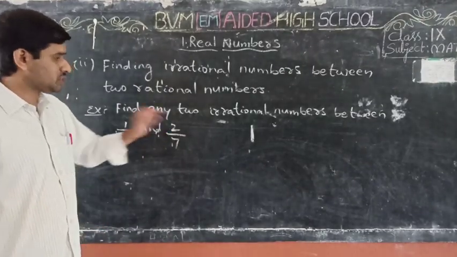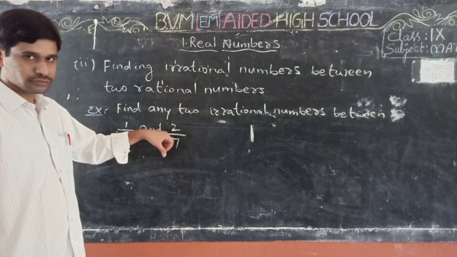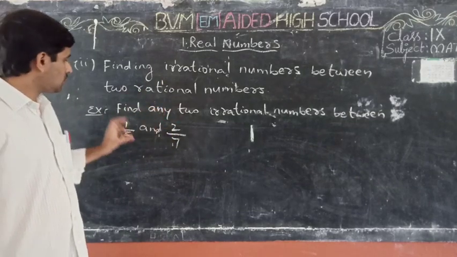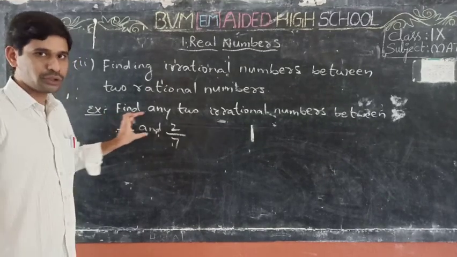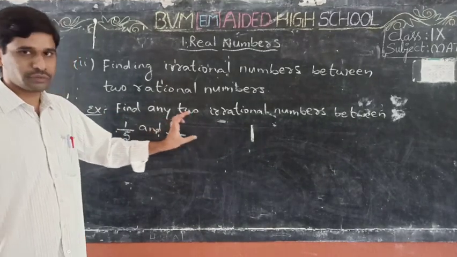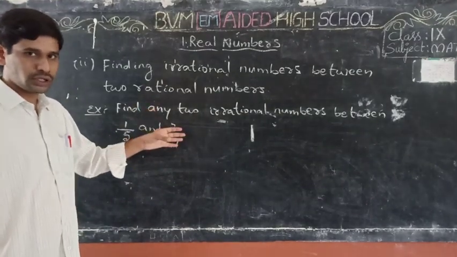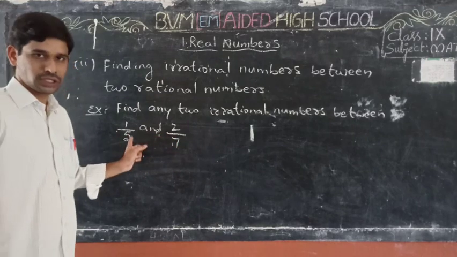To find irrational numbers, that is non-terminating, non-recurring decimals or square roots of non-perfect square numbers, we have to convert this fraction form into decimal form. Now we find two or more non-terminating, non-recurring decimals between these two rational numbers.